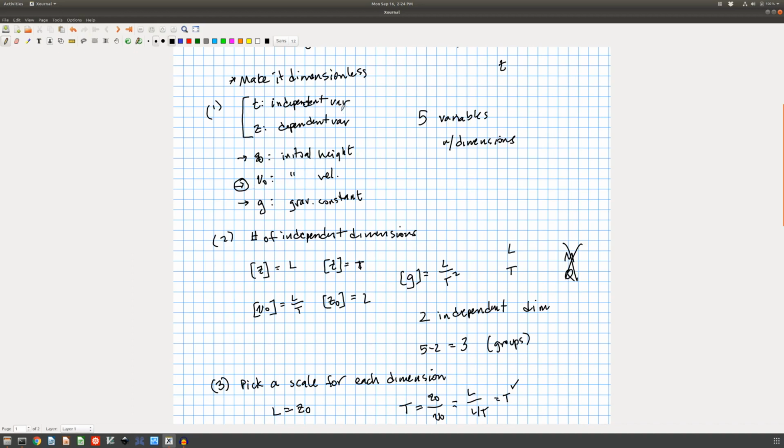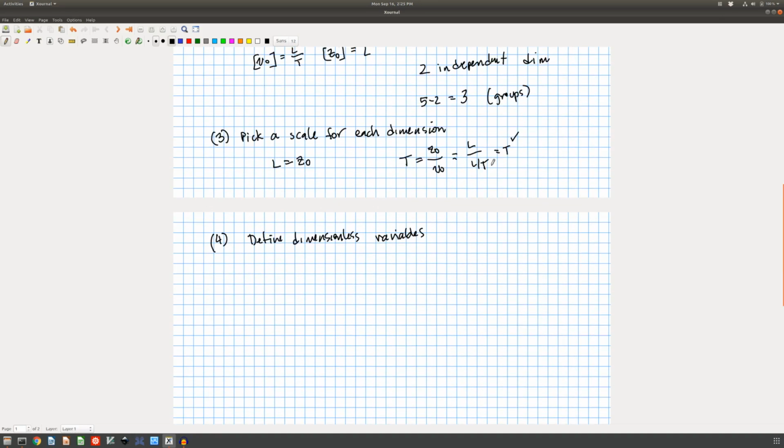These are the variables, and these are the parameters and constants. So when I said 5 variables with dimensions, I was being a little loose with that term. Maybe what I should say is 5 variables plus parameters plus constants, with dimensions.